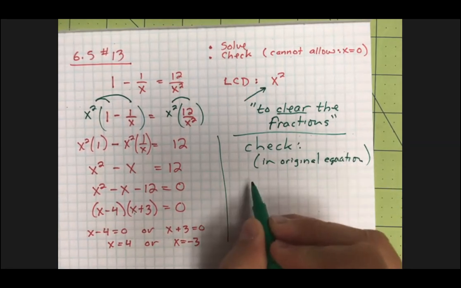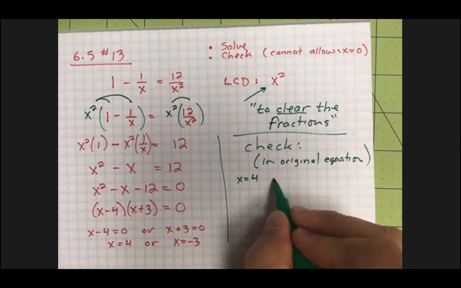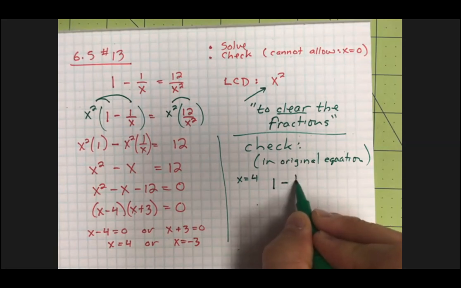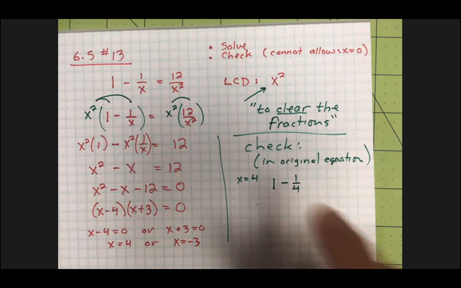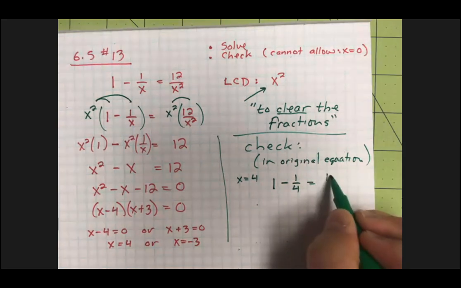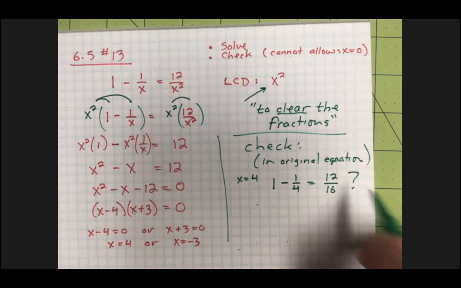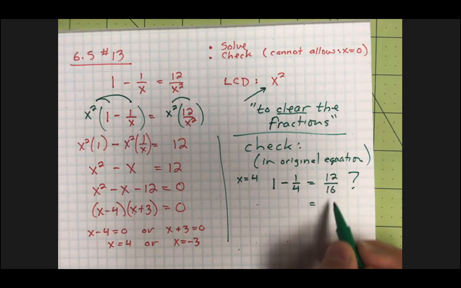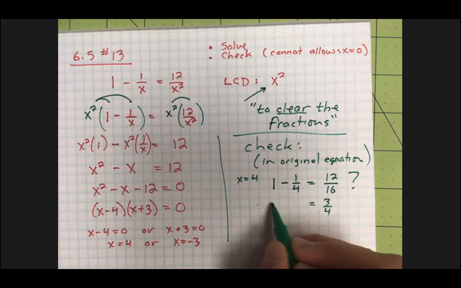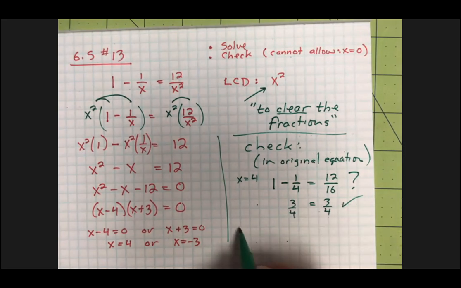So if I say, let's put in 4. X is 4. Then is 1 minus 1/4 the same as 12 over 16? 12 over 16, cancel a 4, is 3/4. 1 minus 1/4 is 3/4. The answer is yes. Let's try -3.